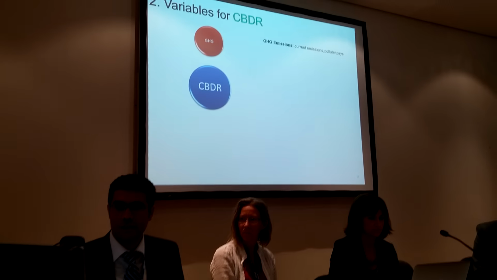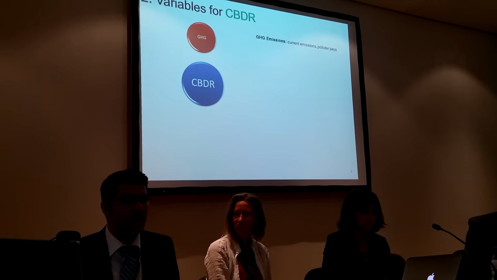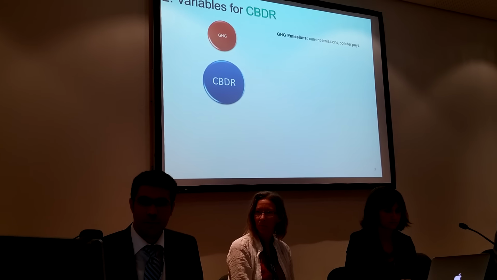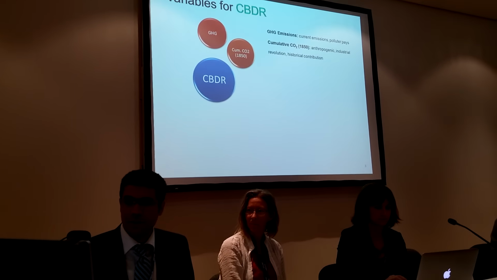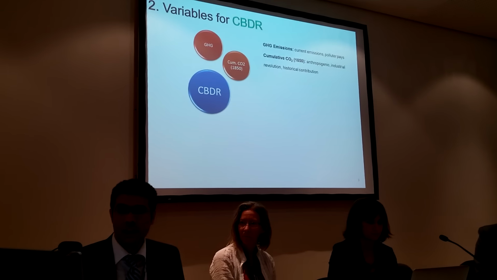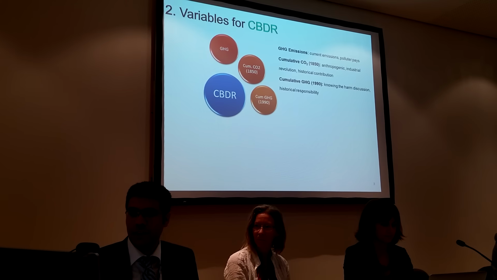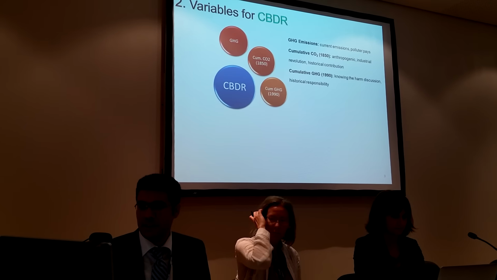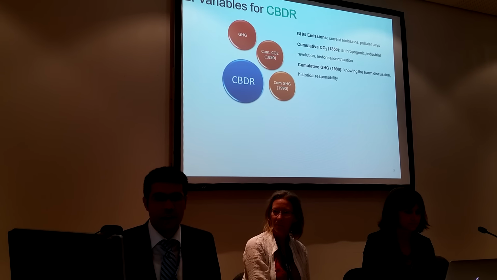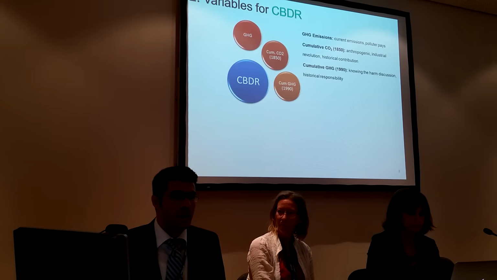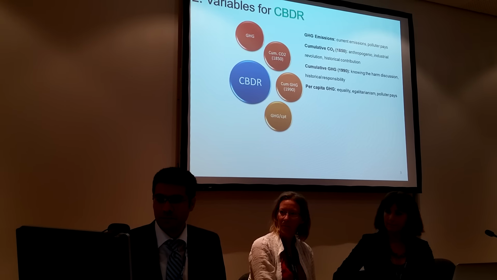When we look at CBDR indicators, I try to find 8 indicators. Greenhouse gas emission is related with the polluter pays principle, and the cumulative carbon dioxide emission since the industrial revolution is linked to the historical contribution, and the cumulative greenhouse gas emission since 1990 comes from the discussion about knowing the harm and historical responsibilities.